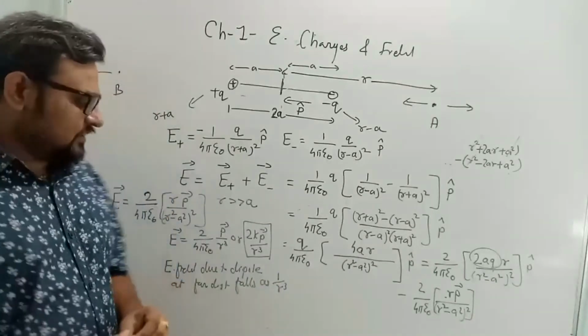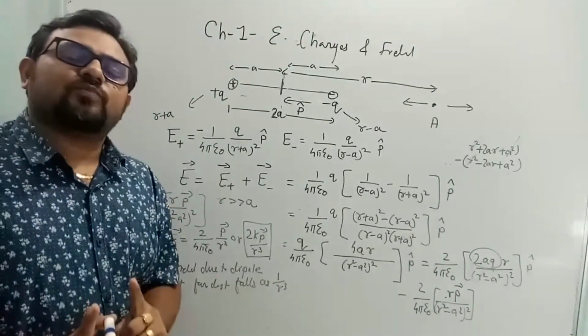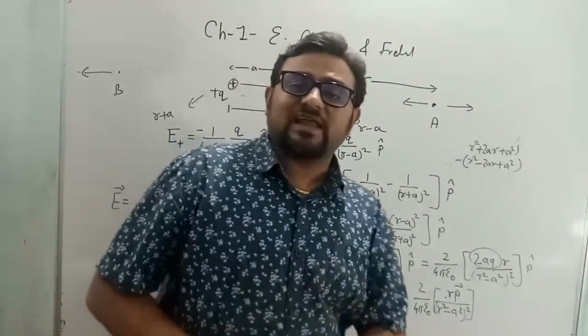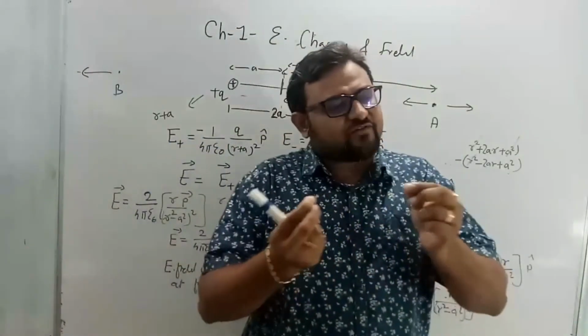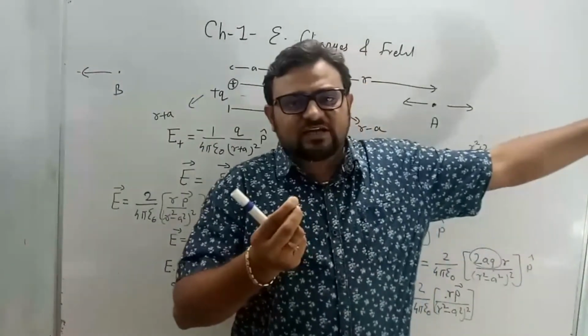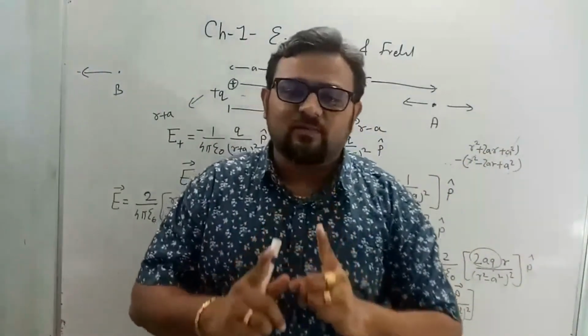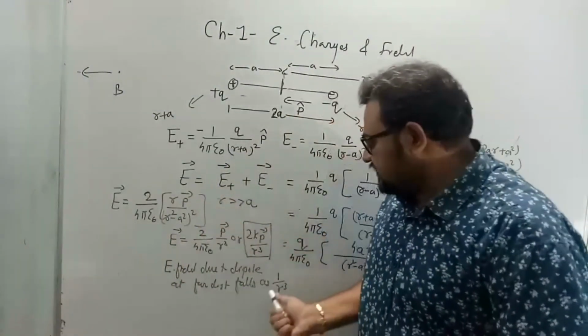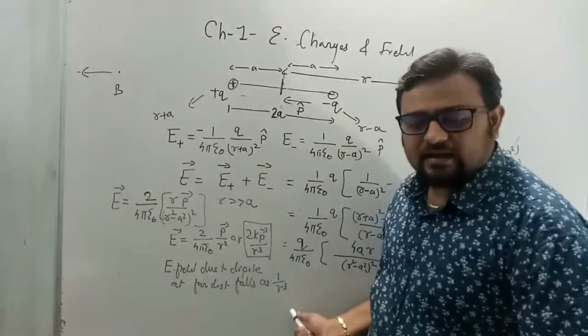Clear? See, let me inform you. Electric field, the formula is kq by r square. So electric field of a point charge, when you move to a far distance, falls as 1 by r square. But for a dipole, it is 1 by r cube.